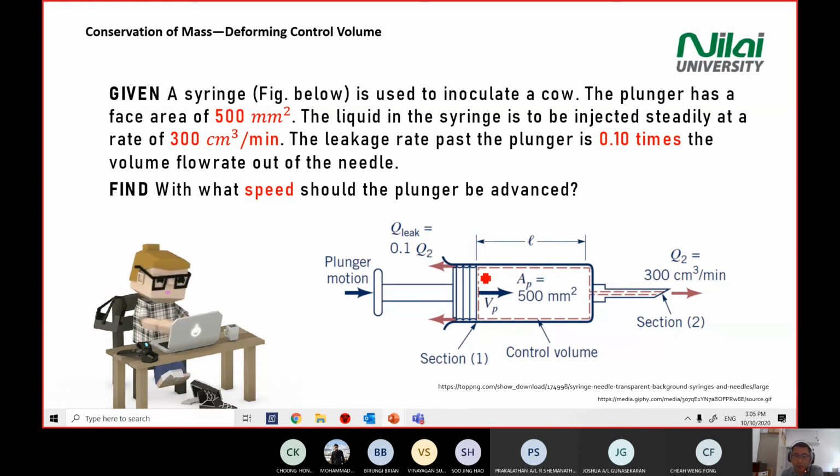So you draw it out, and then we look at the control volume first, where is your section 1, where is your section 2, and then the parameters given. Okay, we have a velocity of the plunger, VP. So we need to find our VP in this case.